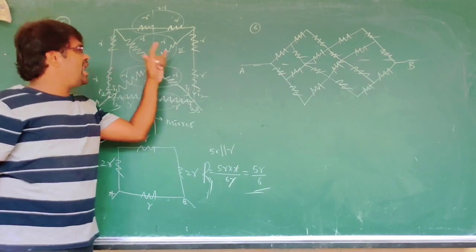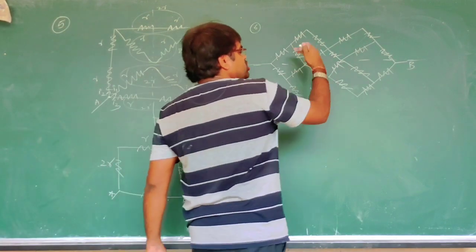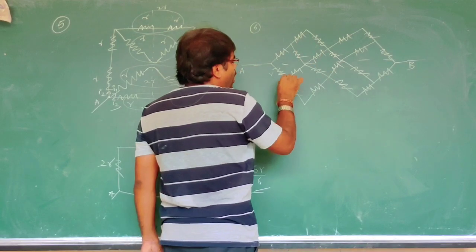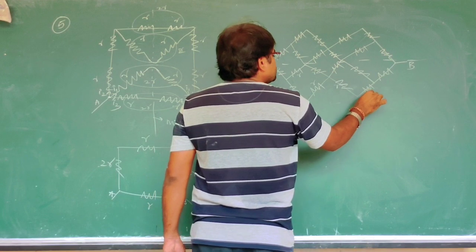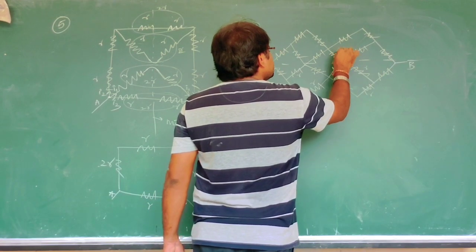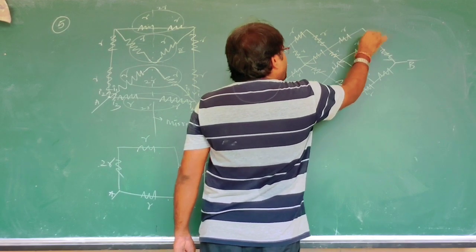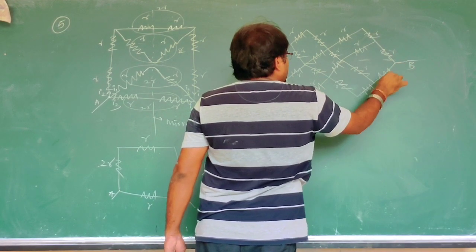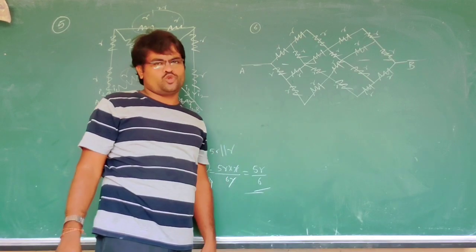Mirror symmetry means LHS or RHS. See, up and down, all are the same. All resistances will be the same, no? Then how many resistors are connected up? Same, similar in the down also.